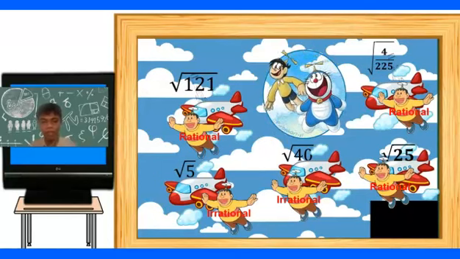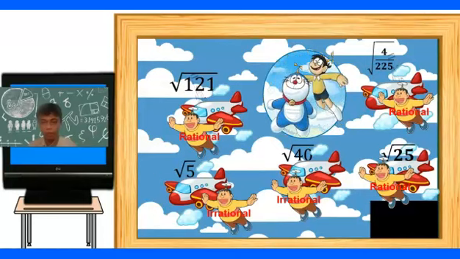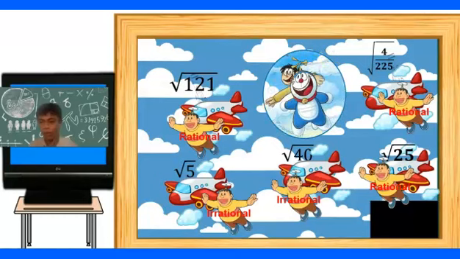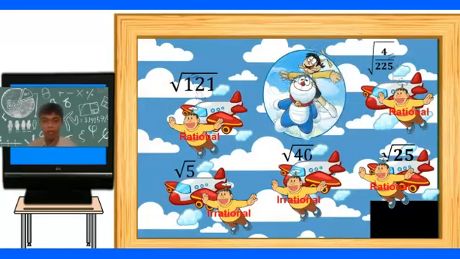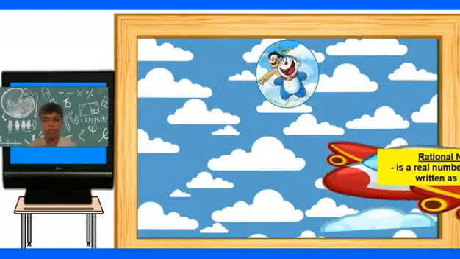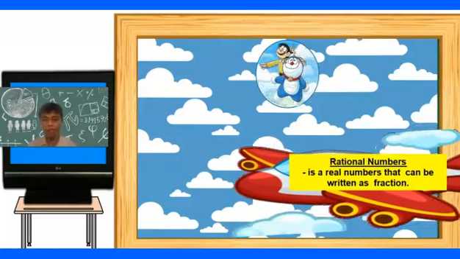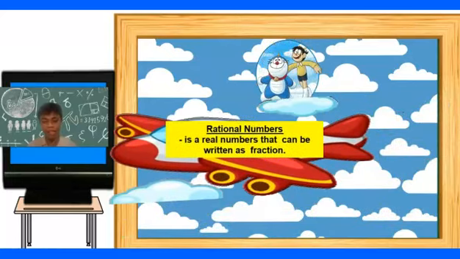Okay. So dito, napansin nyo, lahat ng rational may mga square root. Unlike sa irrational, wala silang square root. So, yung mga nakakuha ng 5. Okay, very good. So, recall natin yung rational numbers. Ayan. So, rational numbers is a real number that can be written as a fraction.